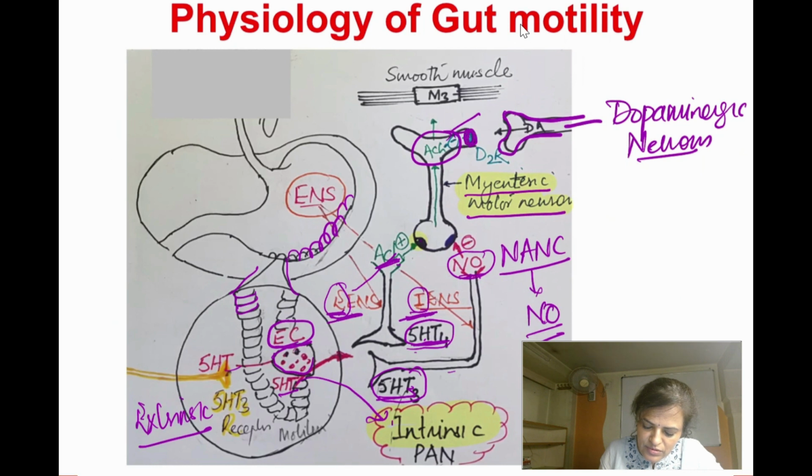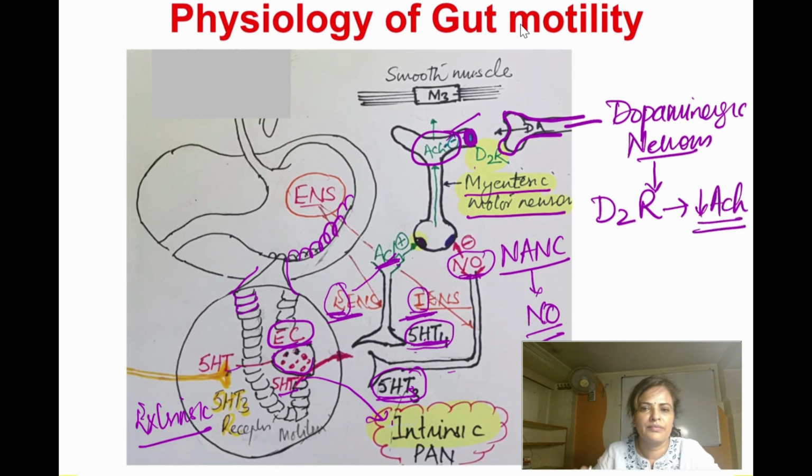It is going to act through the D2 receptor, which is present on this neuron, and once this gets stimulated, it is going to decrease the release of acetylcholine. So it has got the inhibitory influence. Remember one thing, this dopamine has got the inhibitory influence on the cholinergic myenteric motor neuron.